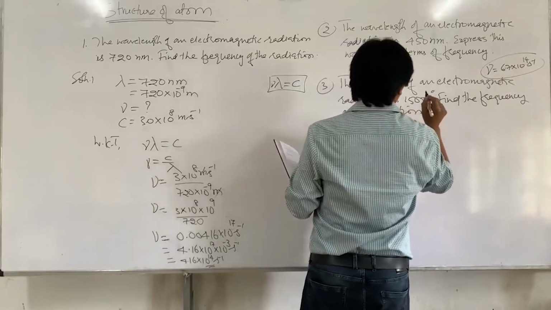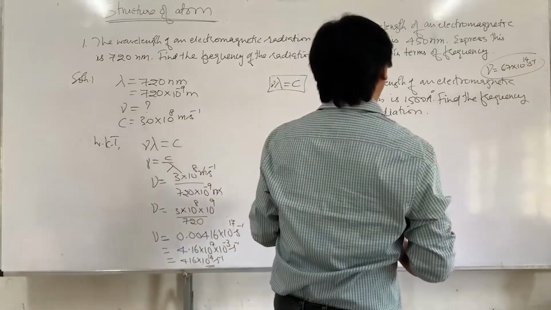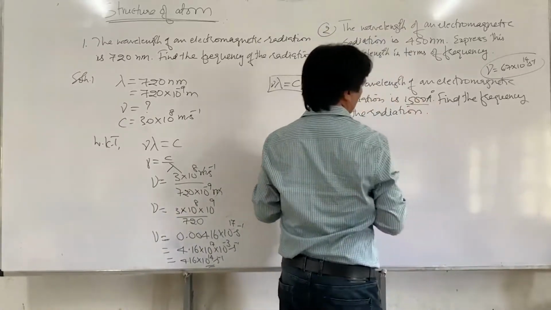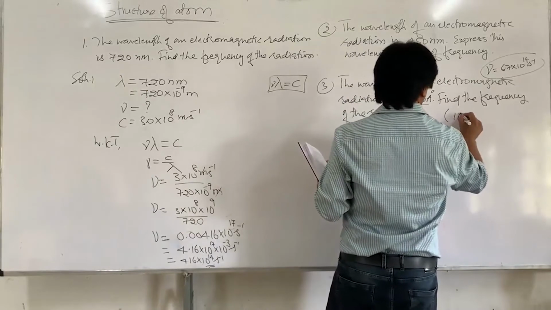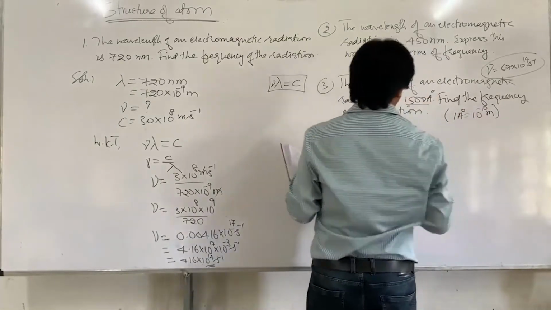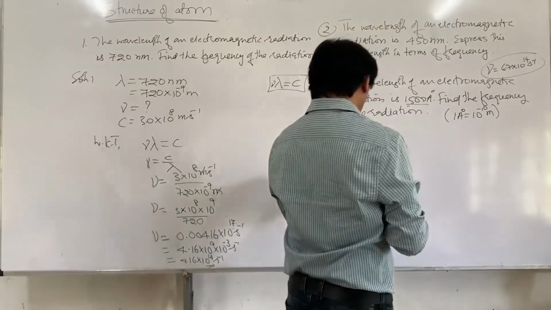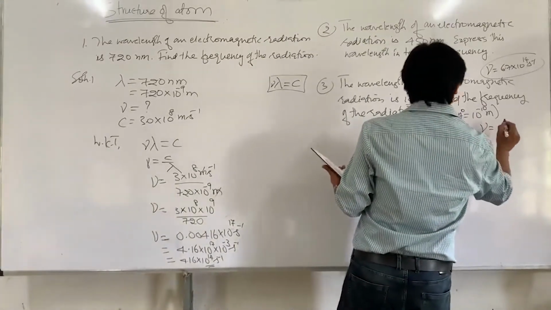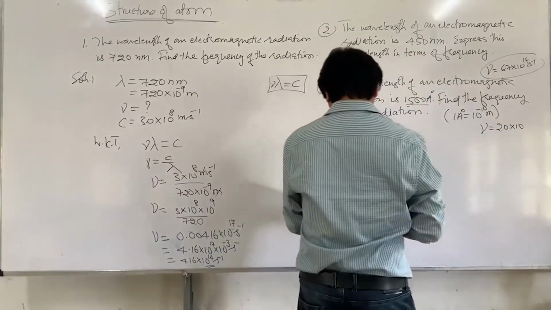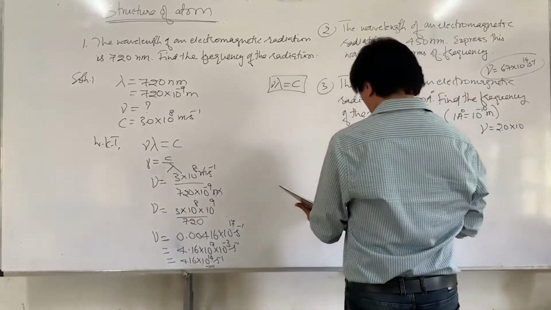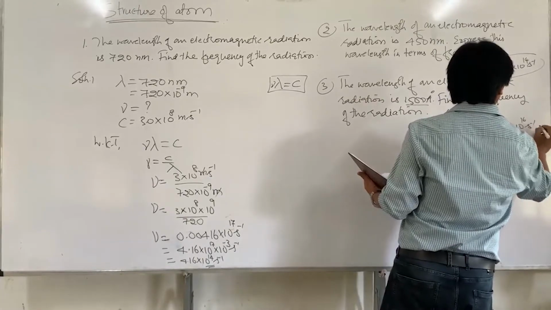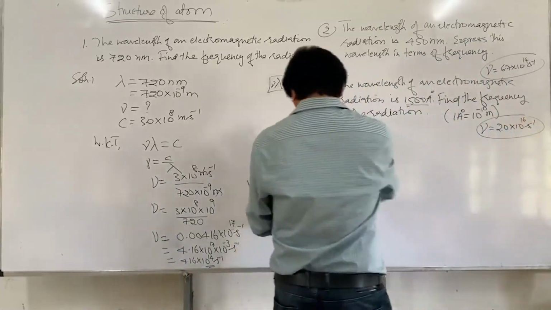Now, here the difference is you are given the wavelength in terms of angstrom. This is 1500 angstrom. Now, what you need to know is 1 angstrom is equal to 10 raised to the power minus 10 meters. You do this substitution, right? And then the answer here, the frequency is going to be 2.0 into 10 raised to the power 16 hertz or per second. This is the answer here. You work it yourself.